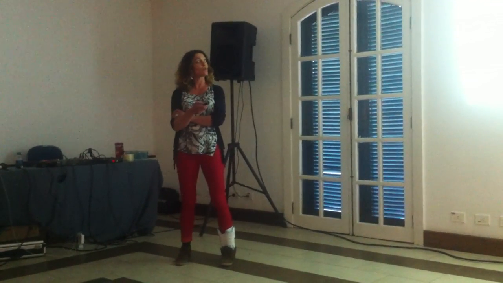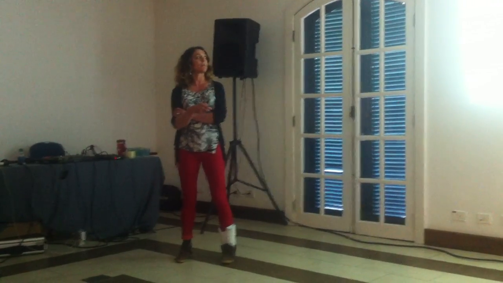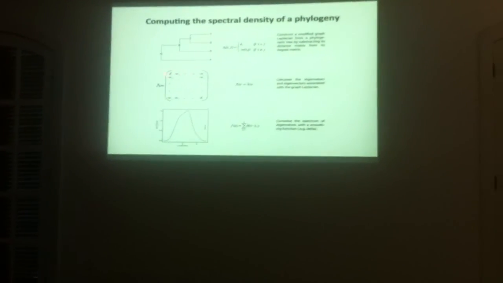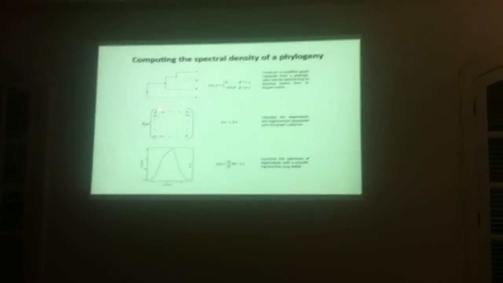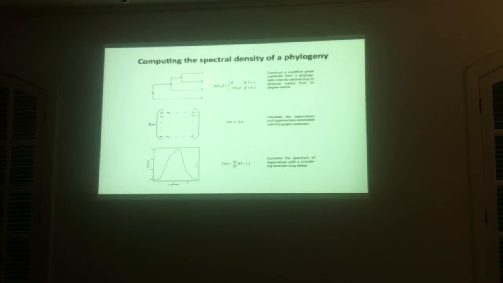One powerful way to do that is to construct from a graph what's called a graph Laplacian. It's this matrix here, which on the diagonal has the degree of the different nodes. Here each row in the matrix represents one node in the phylogeny.